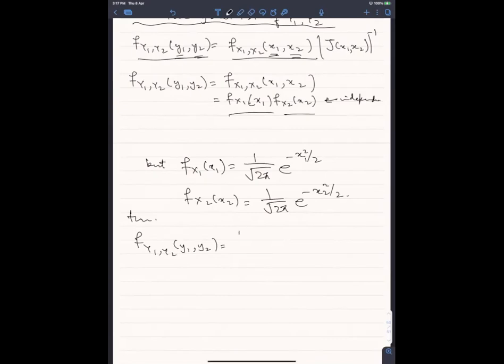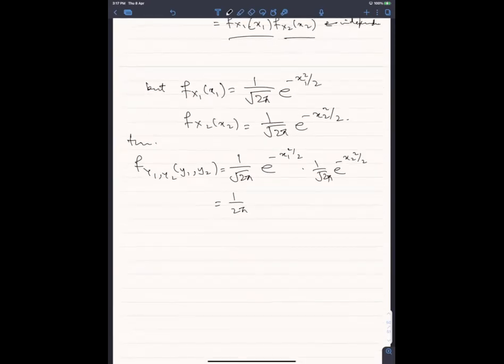So this will turn out to be 1 over square root 2 pi e to the minus x1 square over 2 into 1 over square root 2 pi e to the minus x2 square over 2, which is equal to 1 over 2 pi e to the minus (x1 square plus x2 square) over 2.